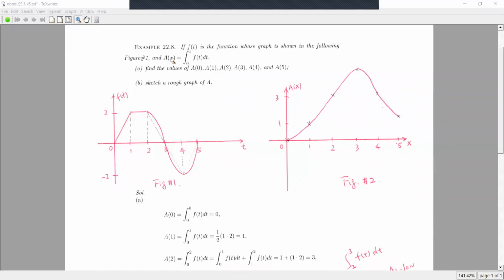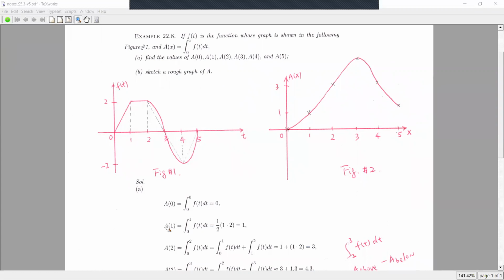Plug in 1 for x, then A of 1 is this integral, the net area of the region between 0 and 1. The region is this triangle, which lies completely above the t axis, so the net area is the area of the triangle.